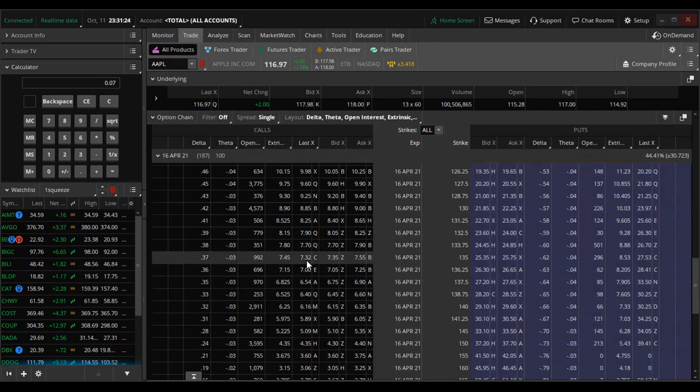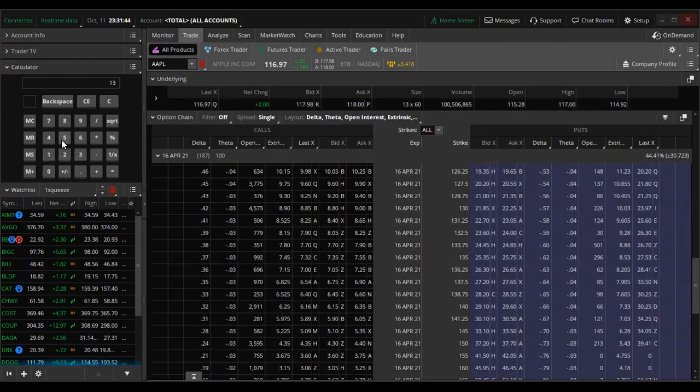And one of the ways that I've been taught to try and estimate how much the value of that contract would be is to simply subtract the price of the strike from the price of the stock.